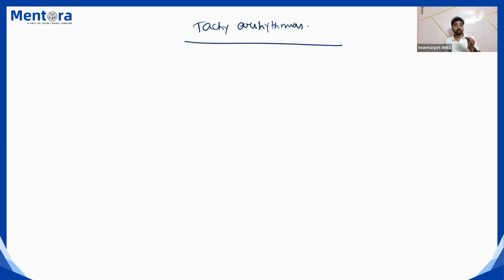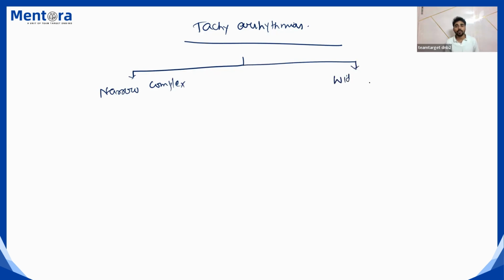So I have to differentiate whether it is a supraventricular or ventricular focus. I can just divide them by looking at the QRS complex, whether it's a narrow complex or a wide complex. A narrow complex I can take as supraventricular origin, that is supraventricular tachyarrhythmia. A wide complex is mainly ventricular origin, that is ventricular tachyarrhythmia. Clear? This point is clear?